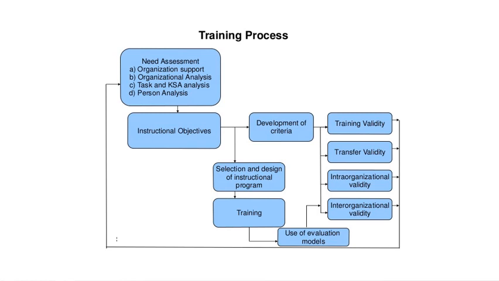One is training validity. Training validity means whatever skills, knowledge and abilities we were supposed to build in our employees, whether they now have those skills, knowledge and abilities or not, whether they are able to grasp that or not. Next is transfer validity. Transfer validity means whether the new knowledge, skill set and abilities they have built in, they are able to transfer or use in their actual work or not.